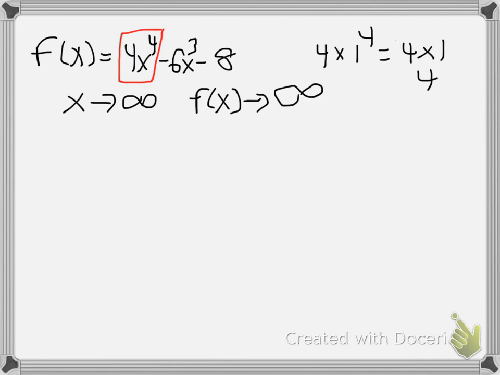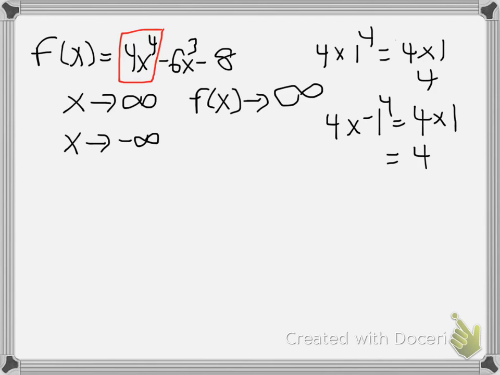Okay, so as x approaches negative infinity, what's happening? Well, instead of putting positive 1 in, I'm going to put in negative 1. So I have 4 times negative 1 to the 4th, which equals 4 times 1 again, because negative 1 times negative 1 times negative 1 times negative 1 is positive 1. So I get 4.